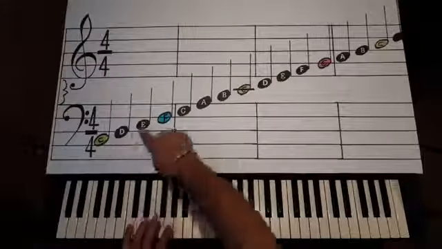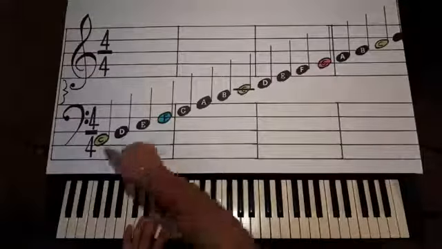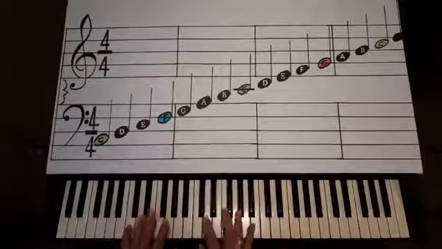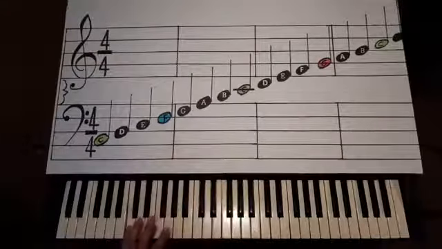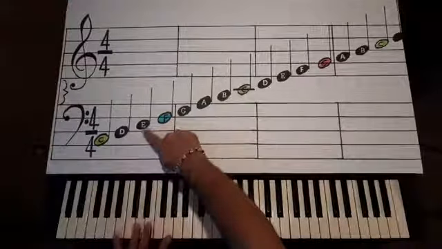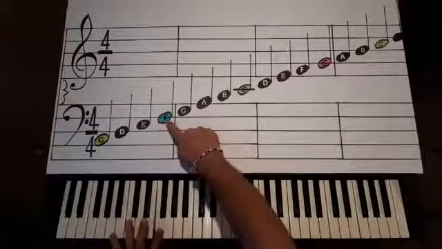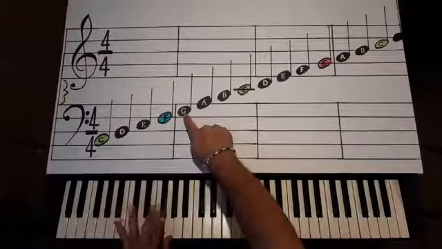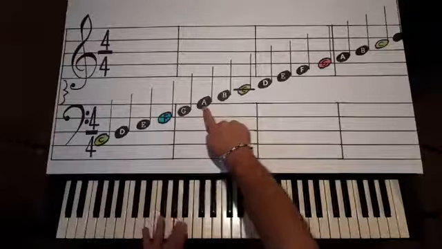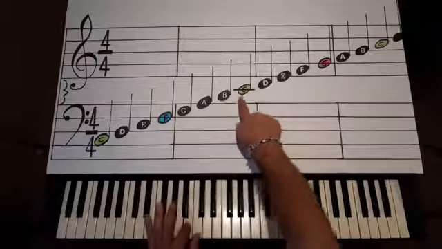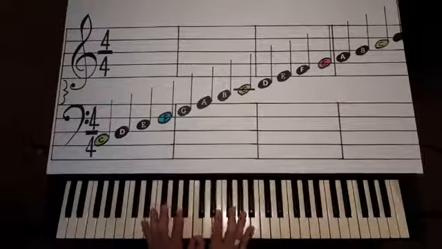Now this way, right? I'm gonna run it all the way up. See how that goes. I'm gonna go slow. So we got C, D, E, F, G, middle finger over, A, B, C. But see, this is C for this thumb, right?